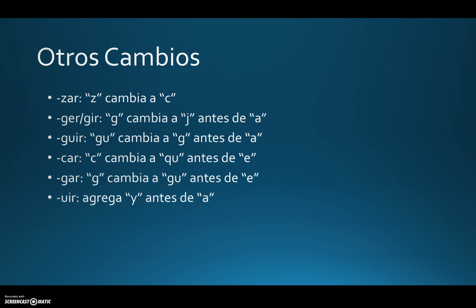With verbs ending in car, the c changes to qu before an e. With verbs ending in gar, the g changes to gu before an e. And with verbs ending in uir, you add a y before an a, like with huir, that verb, it would be huya, huyas, huya, etc.